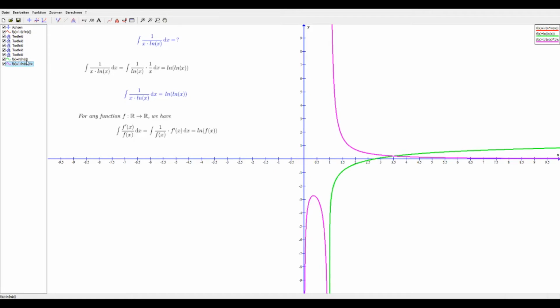The ln is defined only if the input is positive, right? But if you plug in a number into ln of x that is smaller than 1, then you get something negative, because the ln of 1 is equal to 0. If you're below 1, then your natural log is negative, and you can't plug something negative into the log. So that's why ln of ln x is only defined for x greater than 1.